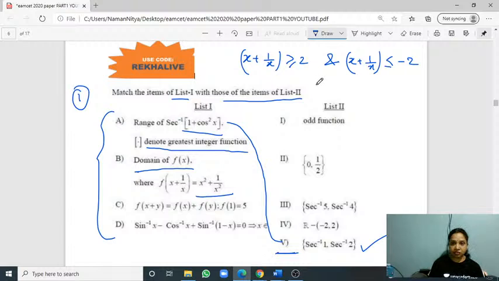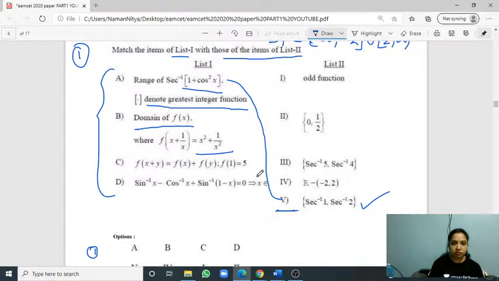So I can just say this is nothing but minus infinity to minus 2 union 2 comma infinity. This will be your domain.